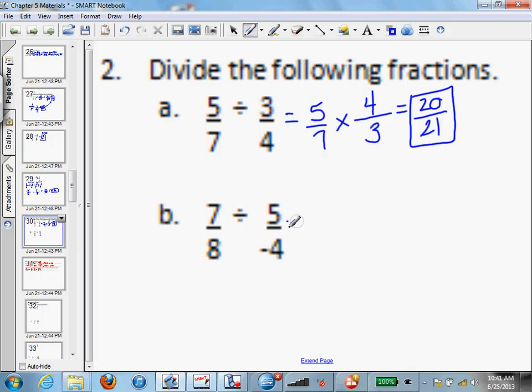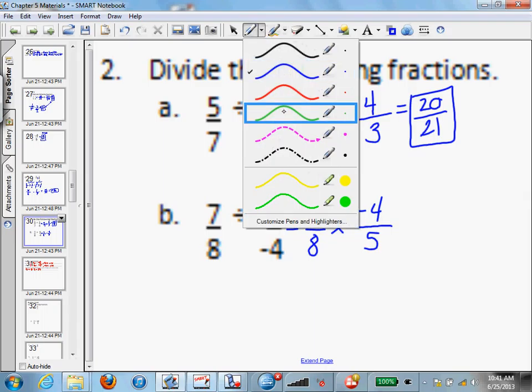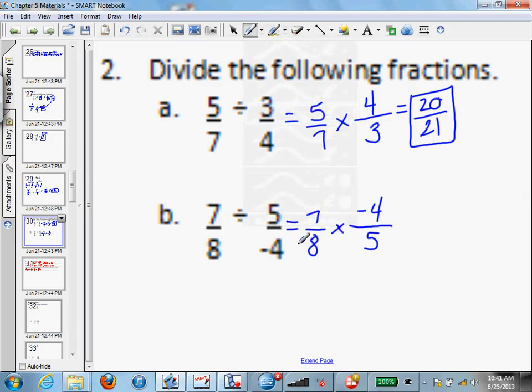With B, we'll keep that first fraction the same, 7 over 8, times the reciprocal of 5 over 4, or negative 4 over 5. Remember that the negative just travels on top. Now we can use the rules of cross multiplication. 4 will go into 8 two times.